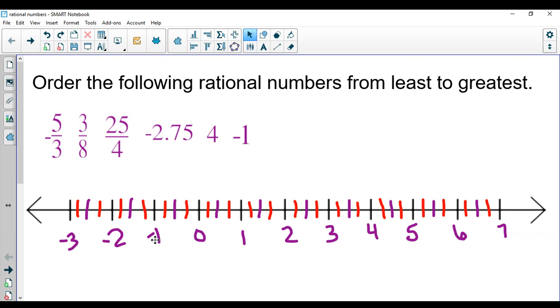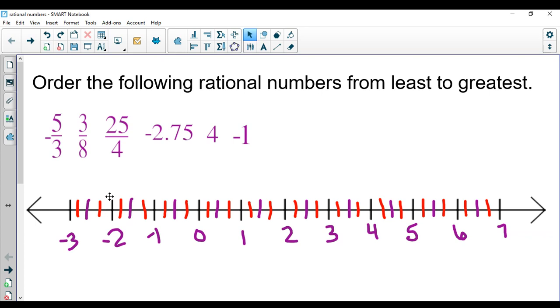So we're starting with -1, -2, -3. On the negative side, the closer it is to 0, the bigger the number is. On the right side, as we count 1, 2, 3, 4, 5, 6, 7, it is the opposite. On the positive side, as we get further away from 0, the bigger the number is.